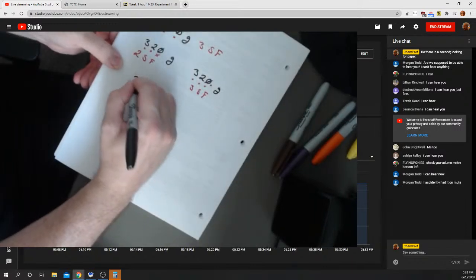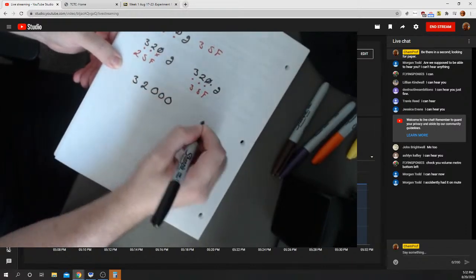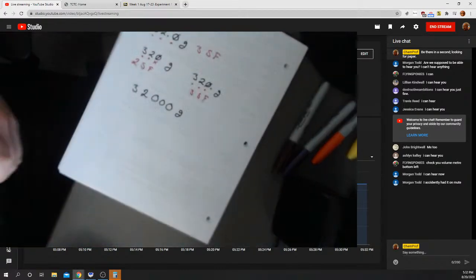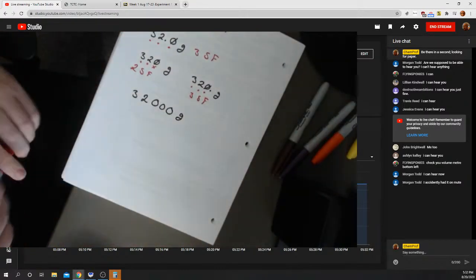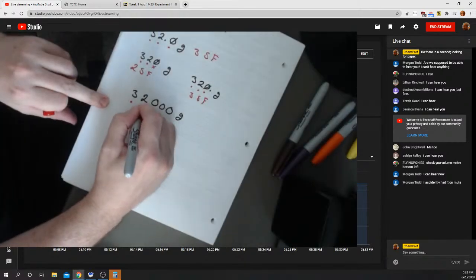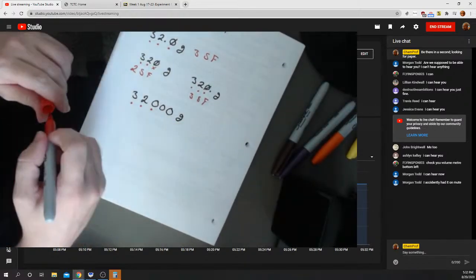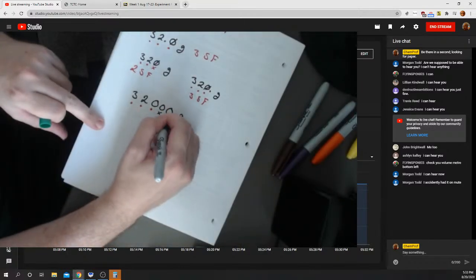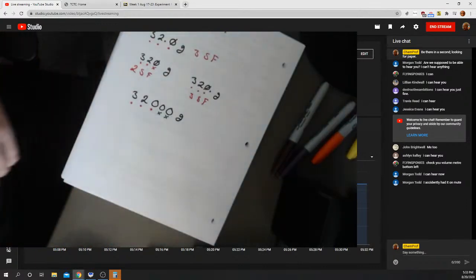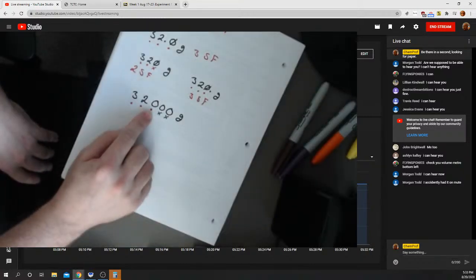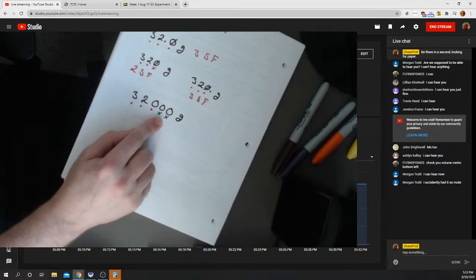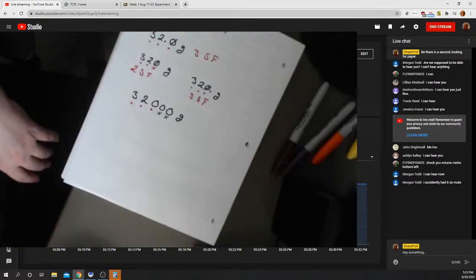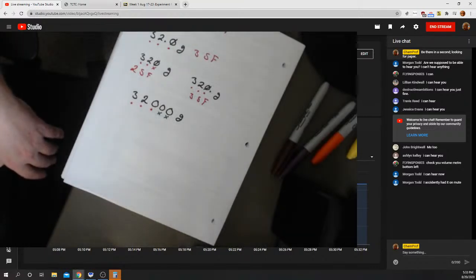Because what if we had something like this, 32,000 grams, and we wanted to show that this and this and this are significant, but not these two trailing zeros. Under the normal rules of significant figures, decimals or not, there would be no way to distinguish that zero as significant from those two non-significant zeros. But scientific notation gives us exactly the method we need.